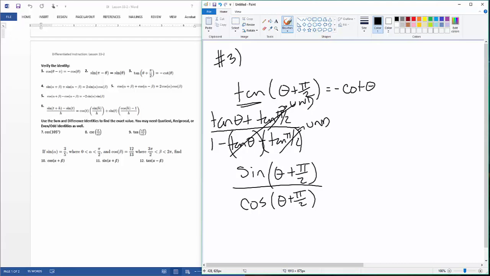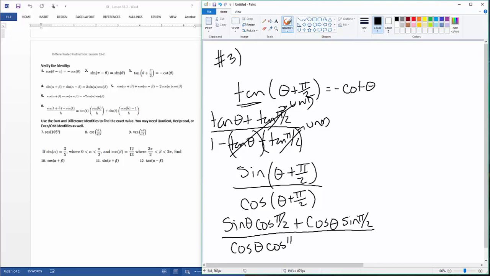So now, reducing that, the sine of theta plus pi halves is sine theta cosine pi halves plus cosine theta sine pi halves over cosine theta cosine pi halves minus sine theta sine pi halves.